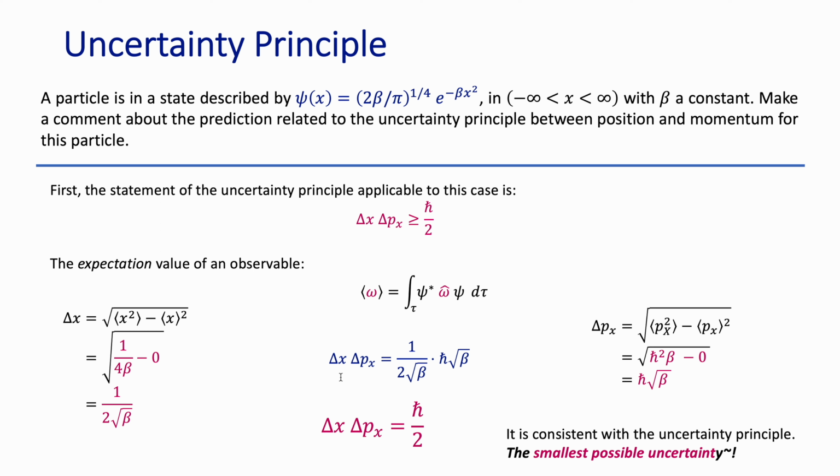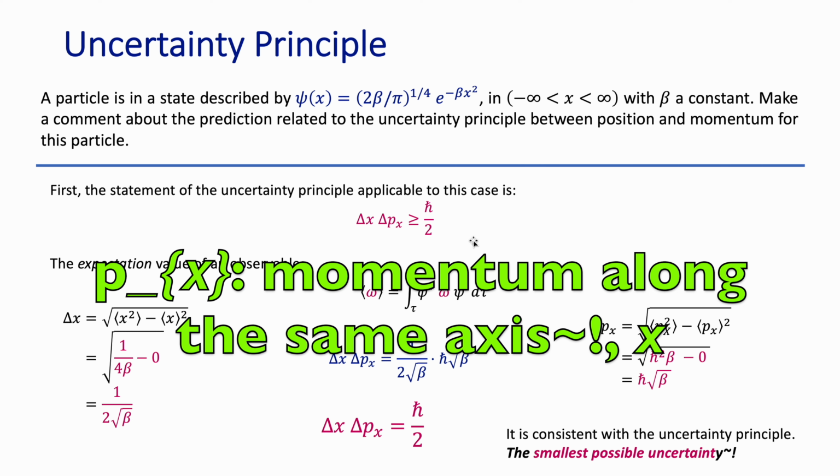Then by multiplying those uncertainties, standard deviations, together, I get the expression that corresponds to the uncertainty principle for this particular system. And I noticed that it's exactly at the lowest bound for the general statement of the uncertainty principle.